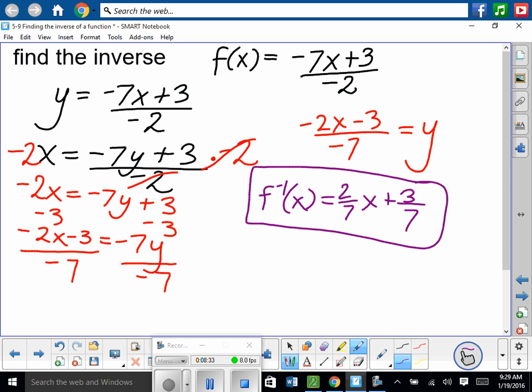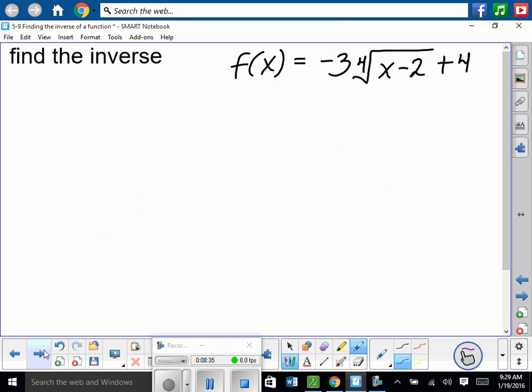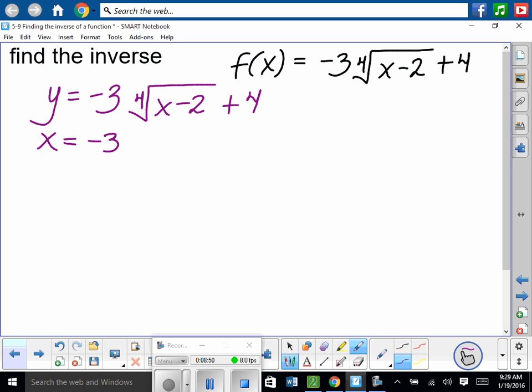Okay. Last one, and then I'll let you work. So we have y is equal to negative 3 times the 4th root of x minus 2 plus 4. First step, switch x and y. X is equal to negative 3 times the 4th root of y minus 2 plus 4.